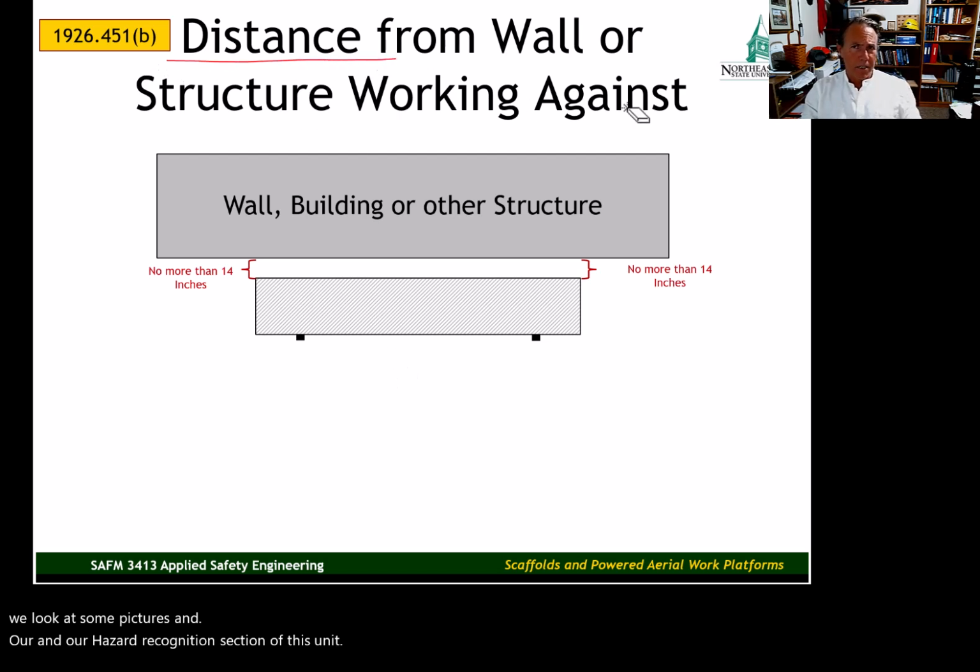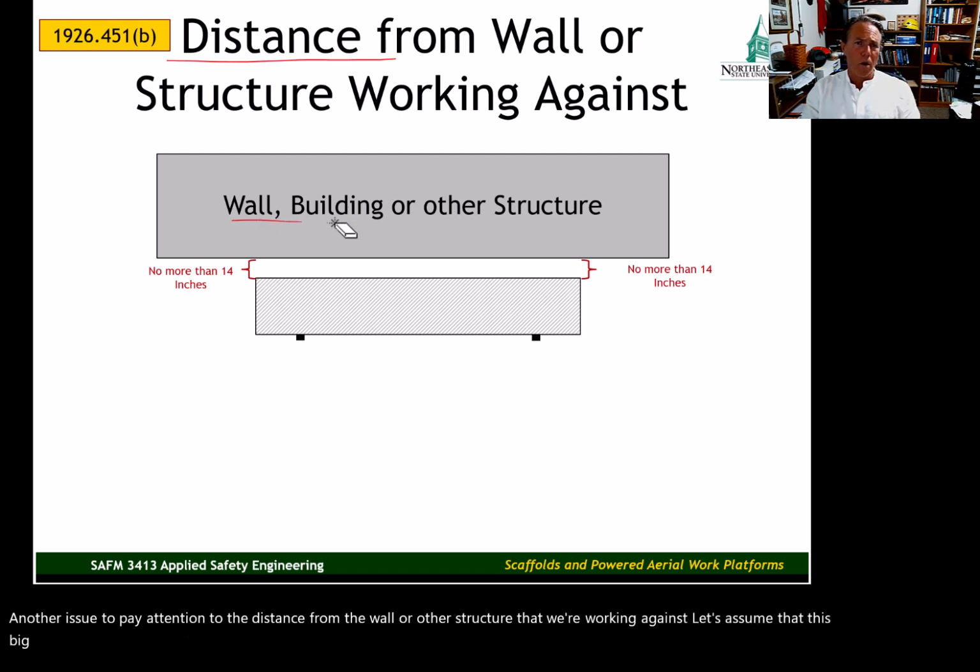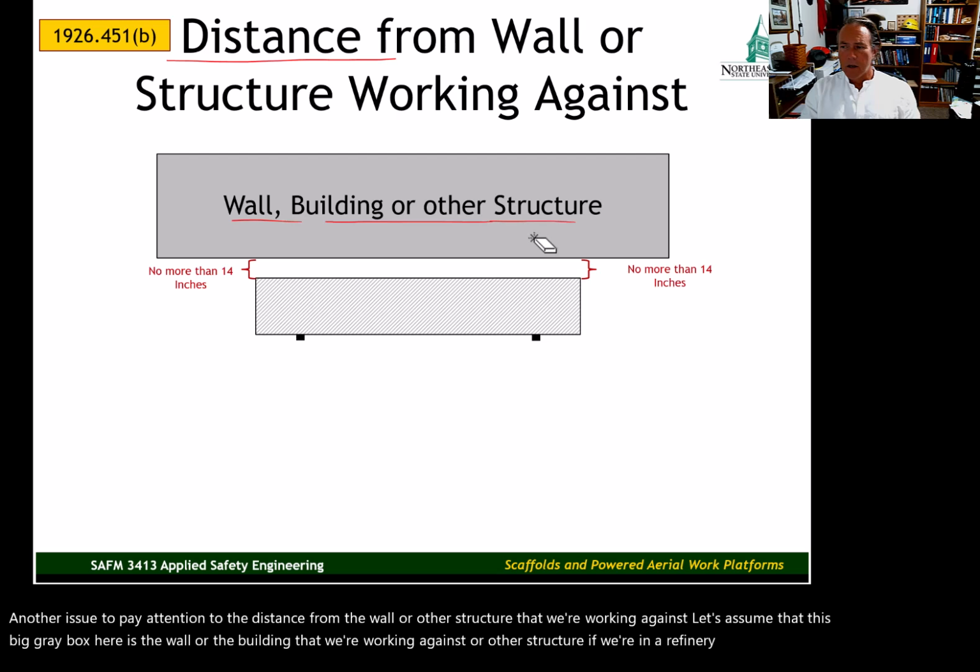Another issue to pay attention to: the distance from the wall or other structure that we're working against. Let's assume that this big gray box here is the wall or the building that we're working against, or other structure. If we're in a refinery, it could be a catalytic cracking unit or something like that.